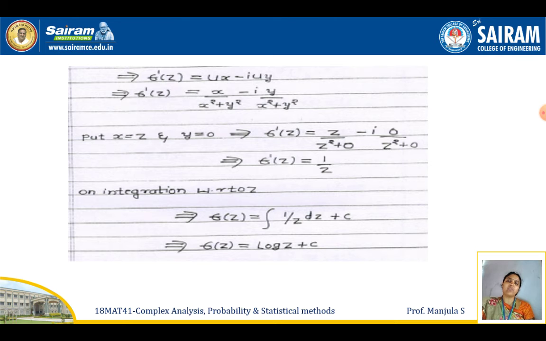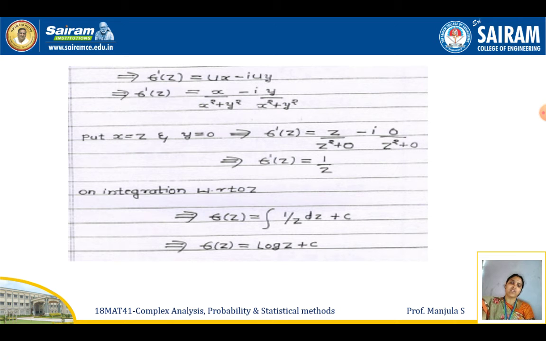In the next step, substitute the values of ux and uy in terms of x and y. Next, put x equals z and y equals 0 in the previous equation, so that f dash of z reduces to z divided by z square plus 0, minus i into 0. The second term completely vanishes.